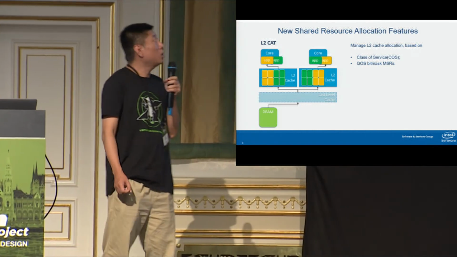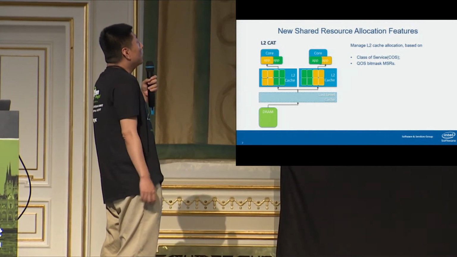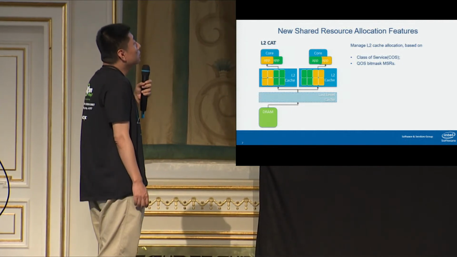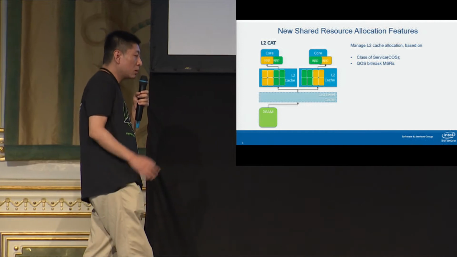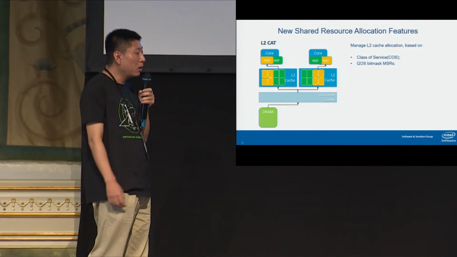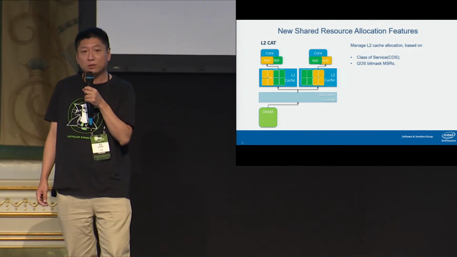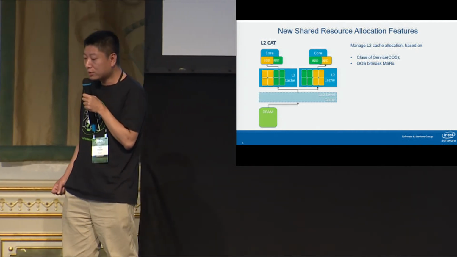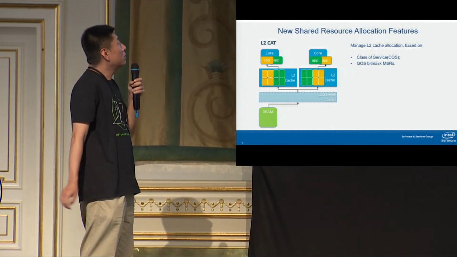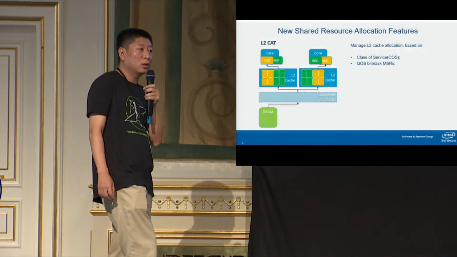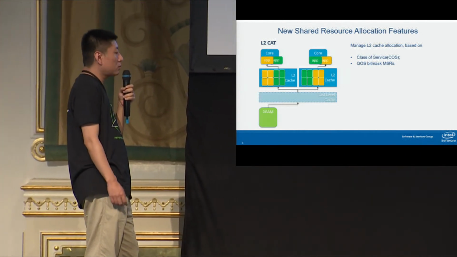L2 CAT manages the L2 cache allocation based on the class of service. As you know, the processor exposes a group of CLOS IDs, which are the identification of a class of service. Each CLOS ID maps to a QoS bit mask, also called the capacity bit mask, MSR.